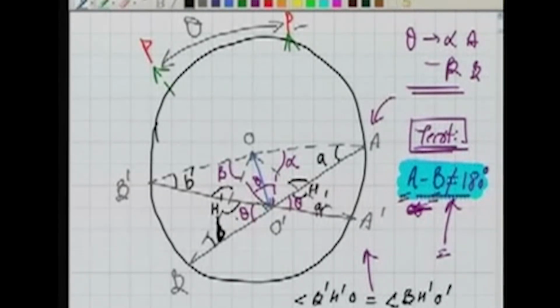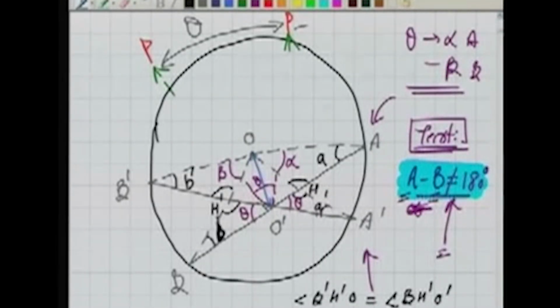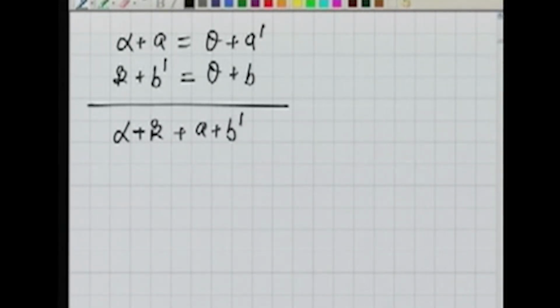Now if it is so, I can write that this theta and B, the sum of these two angles should be same as sum of the angle beta and B dash. So beta plus B dash should be same as theta plus B. Now I sum these two, so it gives me alpha plus beta plus A plus B dash is 2 theta plus A dash plus B.